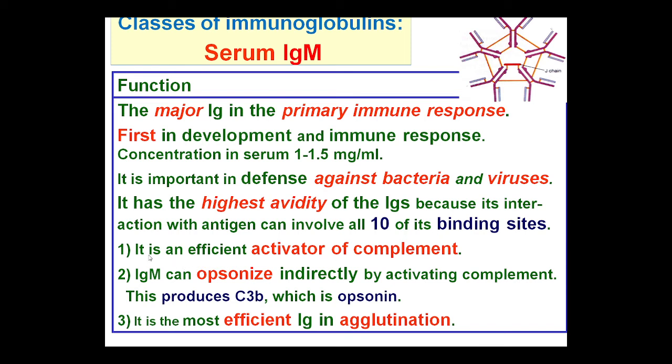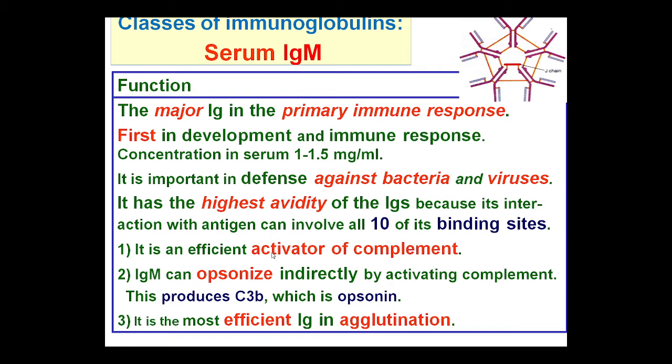This immunoglobulin is an efficient activator of the complement system, and may activate the complement system by the classical pathway. Immunoglobulin M can opsonize bacteria indirectly by activating complement. It means immunoglobulin M activates the complement system very effectively.